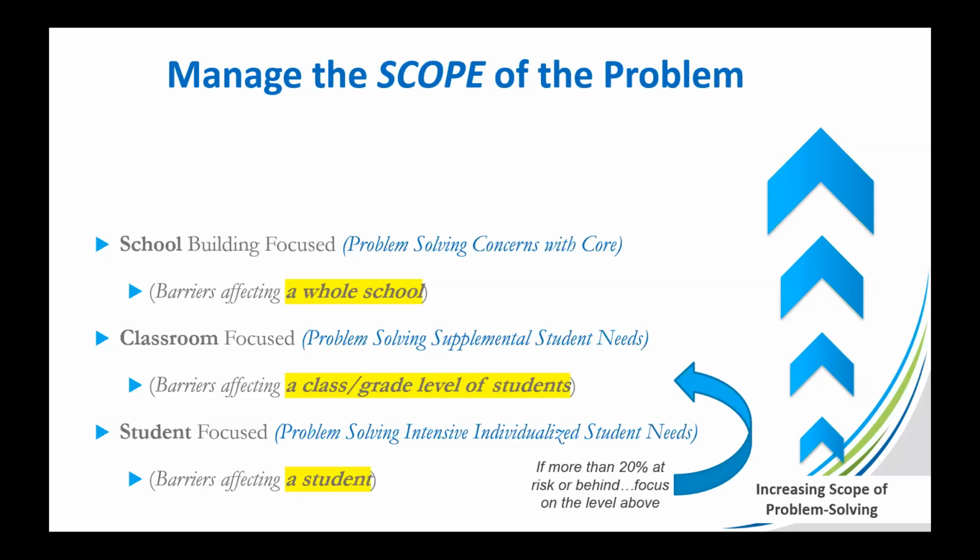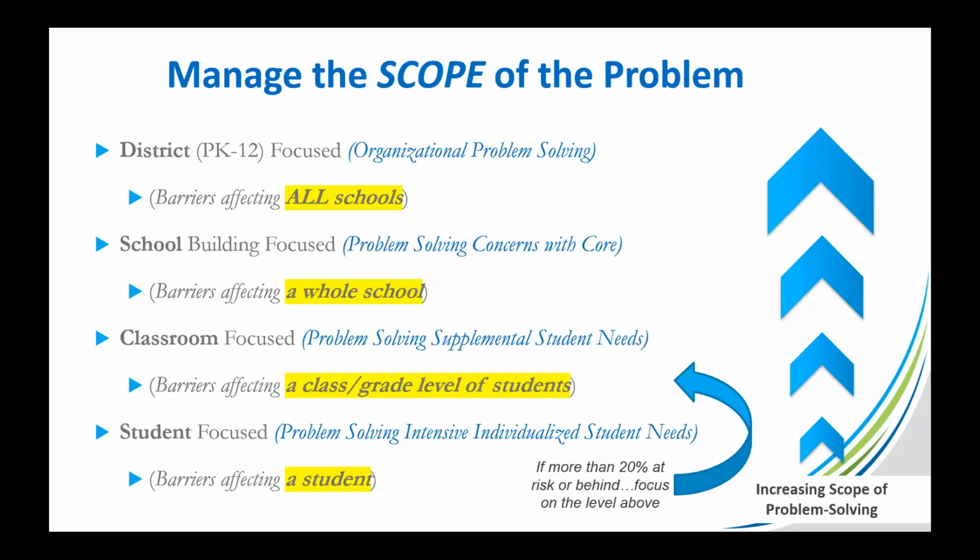However, we also might need to look at, are there any barriers that are affecting an entire school? It might be that we need to go in and reteach everything or establish clear expectations, reinforce it and acknowledge it as we're going, because everybody could benefit. But you can also use data to look at the district level as well, which is essentially our organizational problem solving.